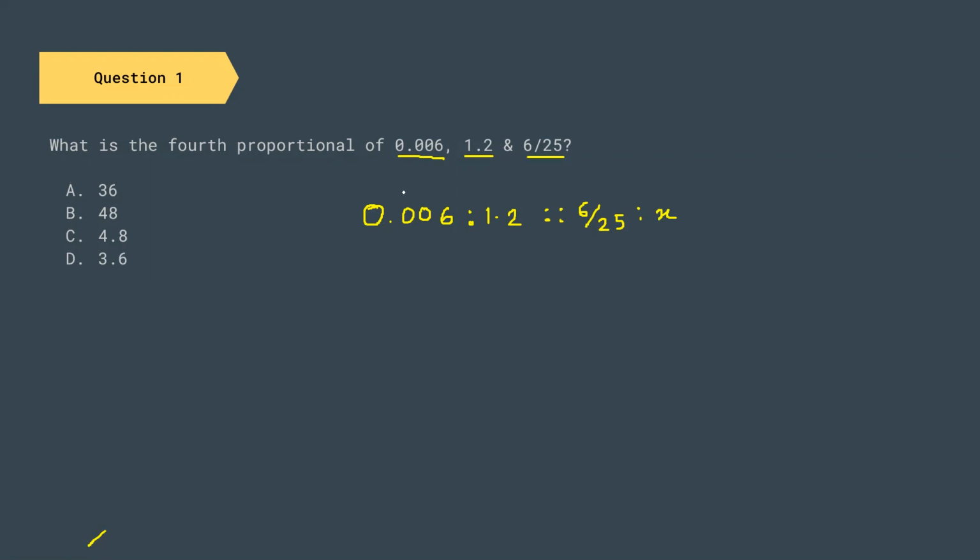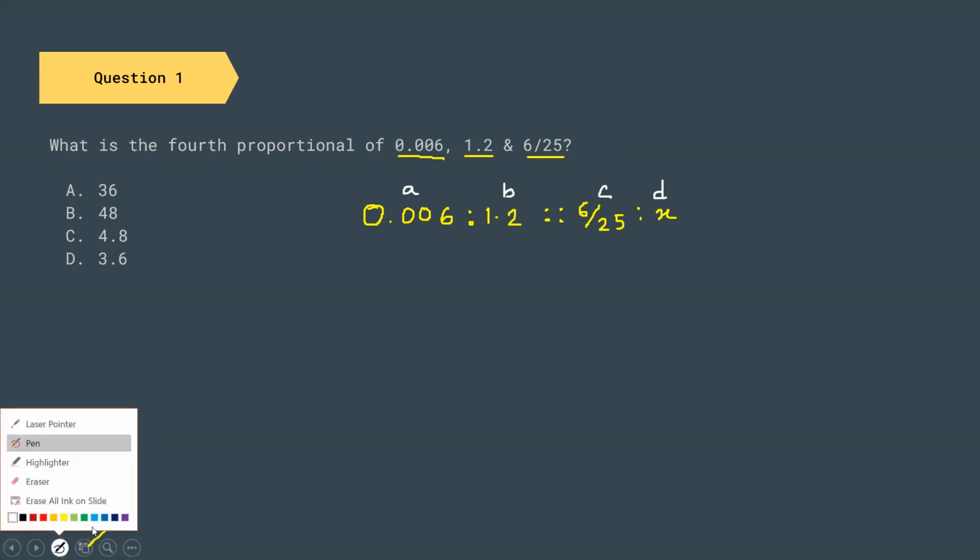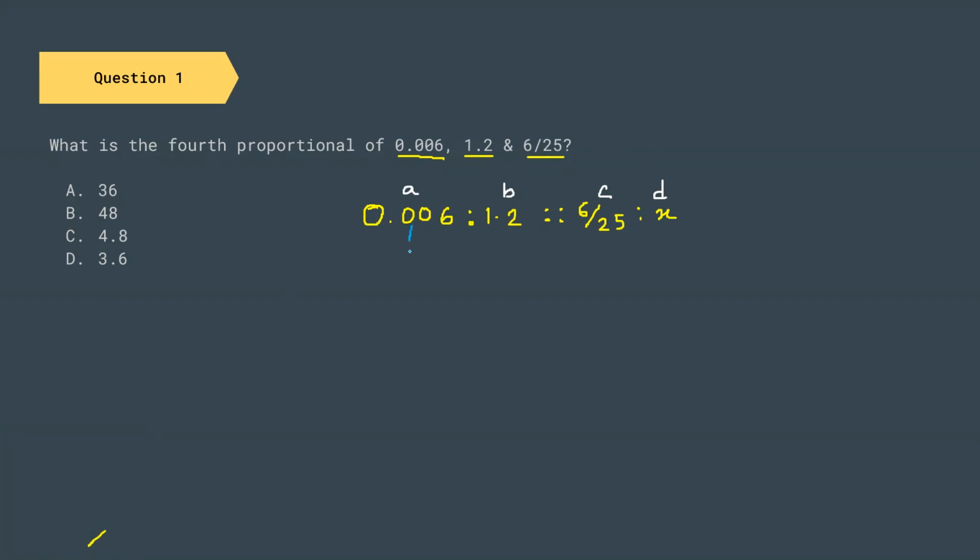Let us say the value of 0.006 is A, the value of 1.2 is B, this is C, and this is D. These four numbers follow a particular pattern: A multiplied by D is equal to B multiplied by C.